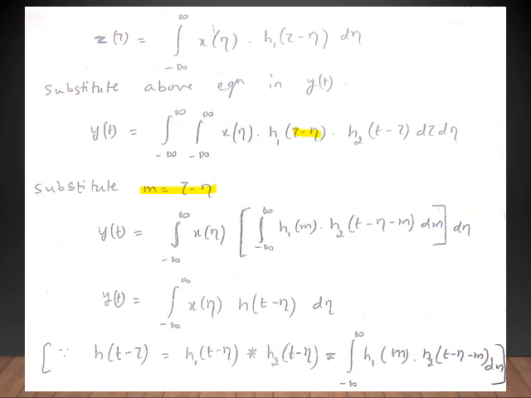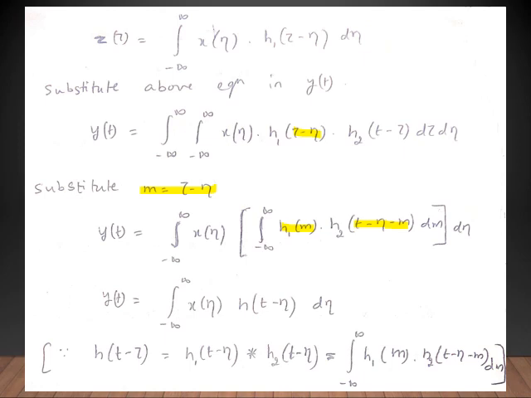So y of t is equal to integration, one integration I'll take with respect to x of eta, so integration over eta from minus infinity to infinity of x of eta. The next integration over m, from minus infinity to infinity, of h1 of m, the first term, and h2 of, instead of tau I substitute, tau means it is nothing but eta plus m. So replacing tau by eta plus m, it says h2 of t minus eta minus m dm, and d eta outside.